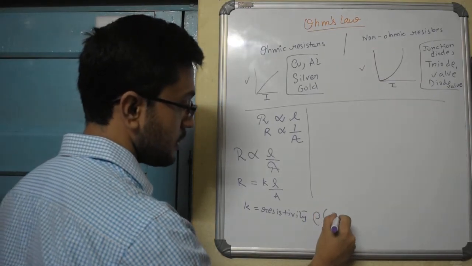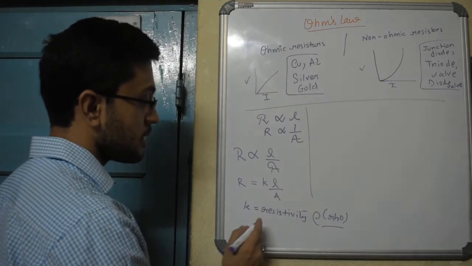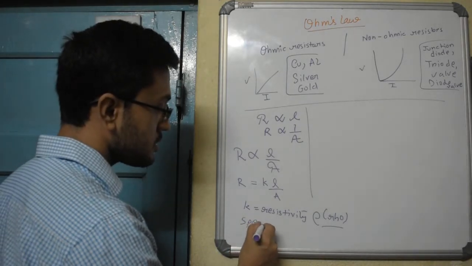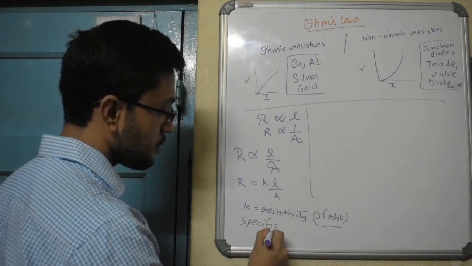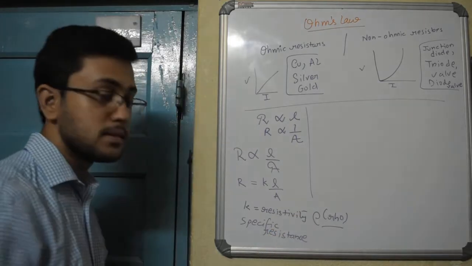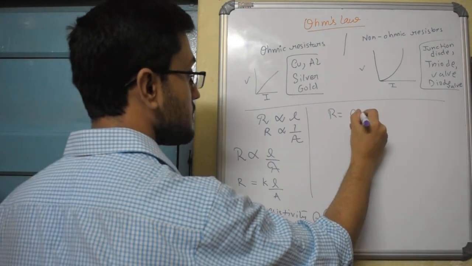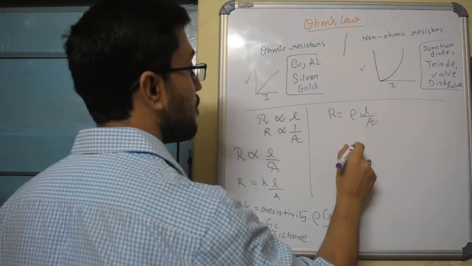The symbol is pronounced as rho, and this constant is called resistivity, which is also known as specific resistance. So resistance R is equal to specific resistance into length by area.